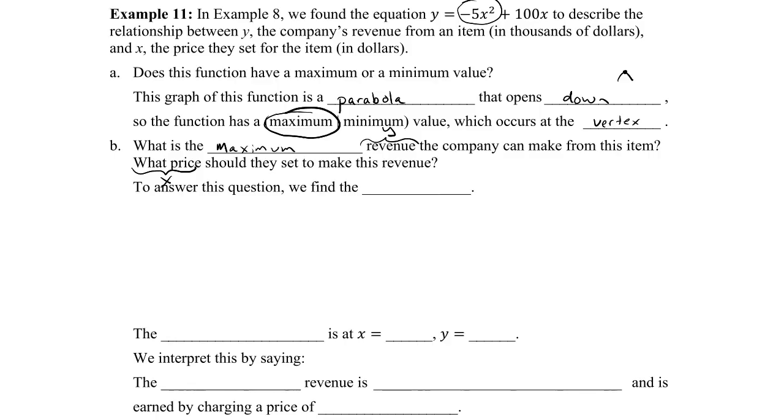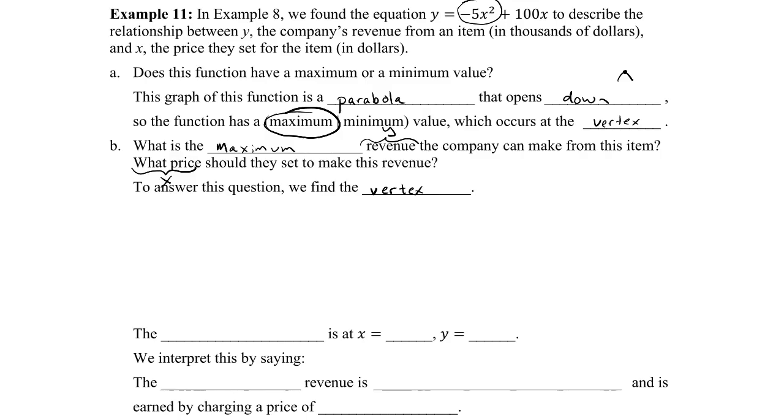So notice here, we're not given a value of y, we're not given a value of x. We're trying to find both x and y. And the x and y that we're going to find are the coordinates of the vertex. How do we know we're looking for the vertex? Because we're looking for a maximum.